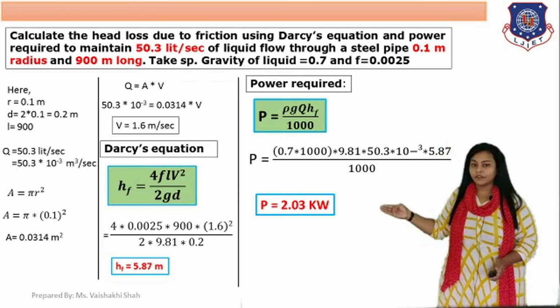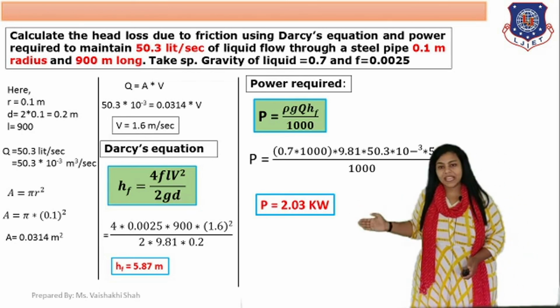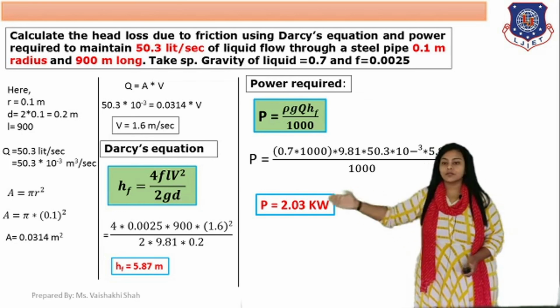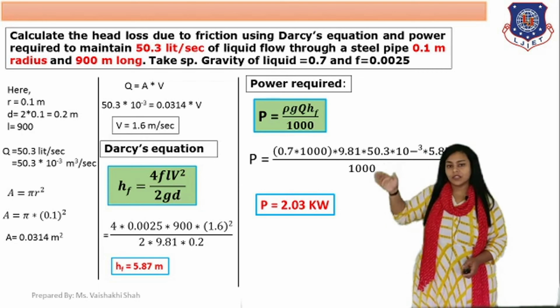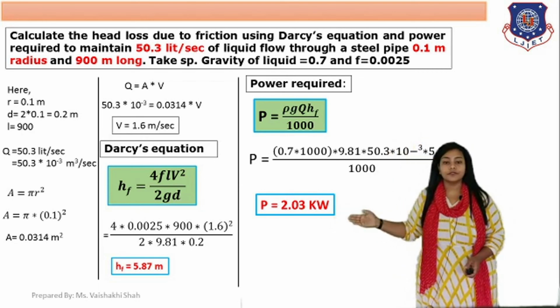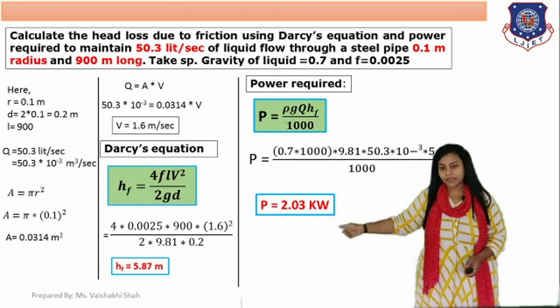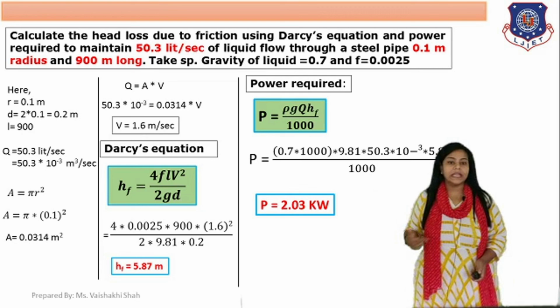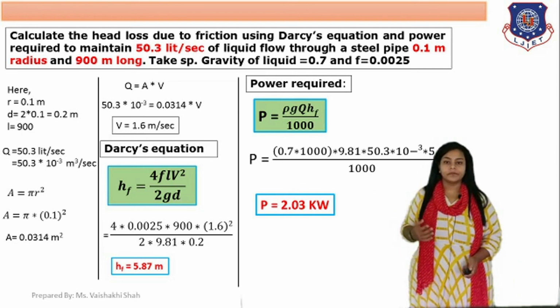So your answer for power required P is 2.03 kilowatt. These two are the answers asked in your question: HF, head loss due to friction by Darcy's method, and second, the power required to maintain this flow.